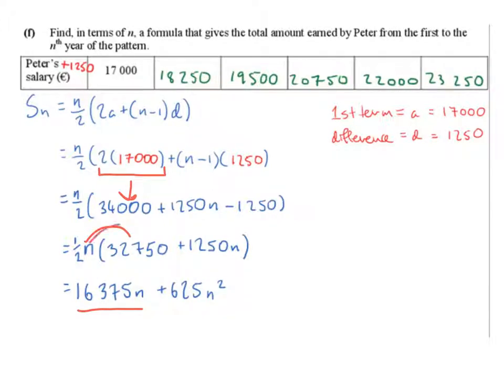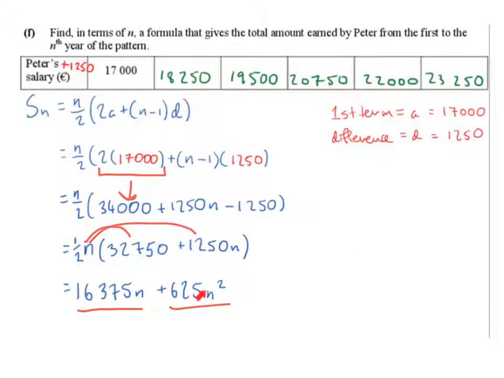And then a half n multiplied by 1,250n gives us 625n squared. So a half times 1,250 is the same thing as a half of 1,250, and a half of 1,250 is 625. And then n multiplied by n is n squared.